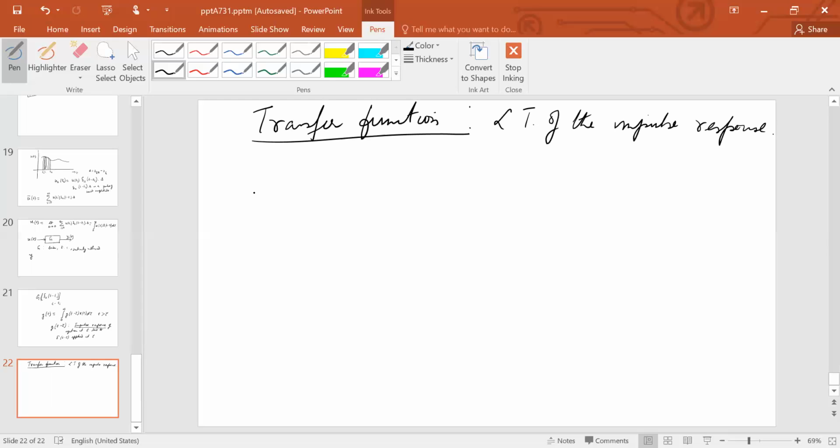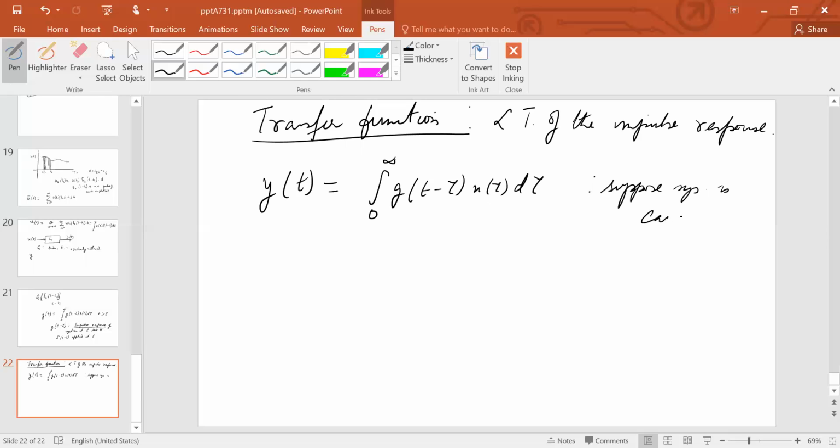All right. So now, one by one, we have applied those properties. We have seen why they're important. So we have written y of t is equal to integration from 0 to infinity g of t minus tau u tau d tau. Okay. I now impose the condition that suppose the system is causal. Immediately you will see that, due to this causality, I can write this as 0 to t.